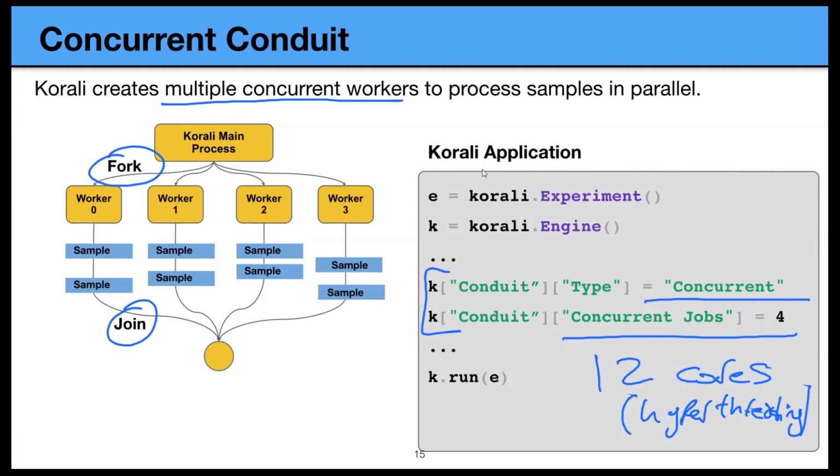But we don't want to do 2 different things at the same time. We want to do the same thing many times. So hyper-threading is not useful. This would have given us 24 virtual cores, but we are not interested in this. So that's why when you see me running anything in parallel in the tutorials, I will use 12 cores, 12 workers, so to speak.